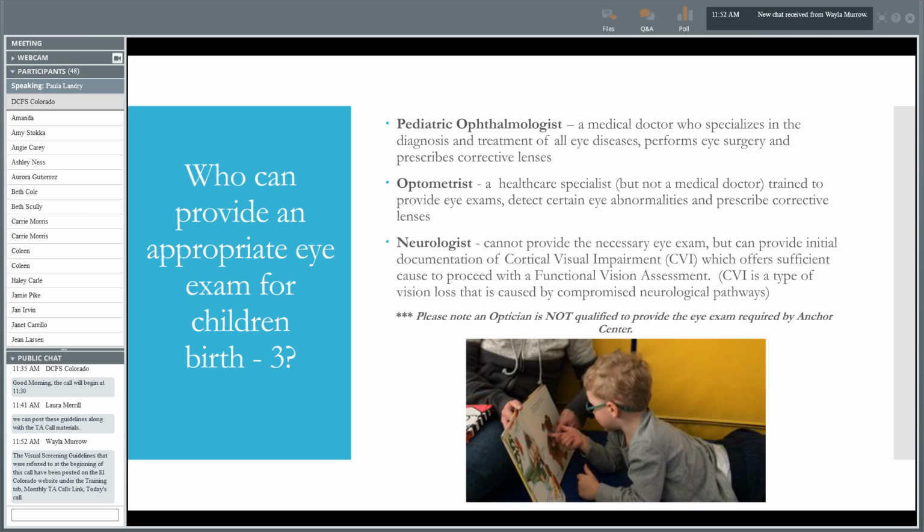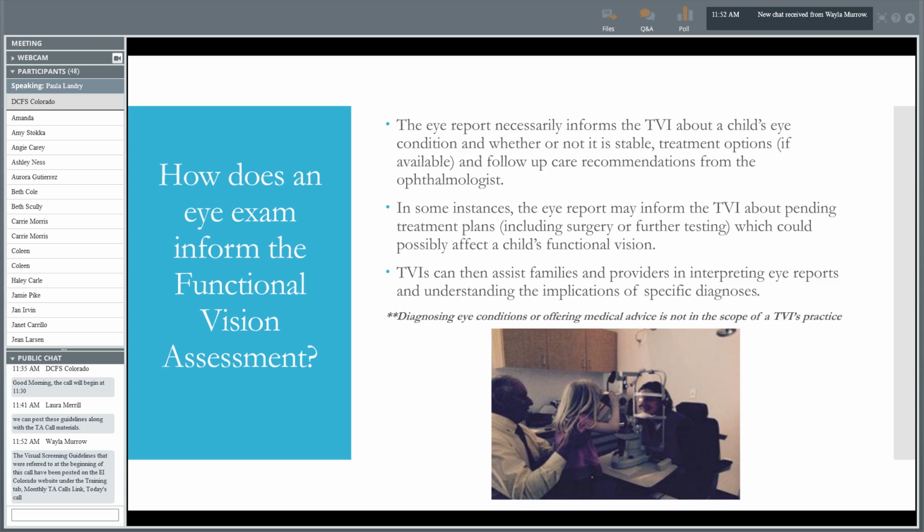And then just one quick last thing on that slide. I can't tell you how many times this happens, and I'm sure it does in other cases as well, but the parents will receive an eye report with the diagnosis, and the parents will have no idea that diagnosis has been given to their child.